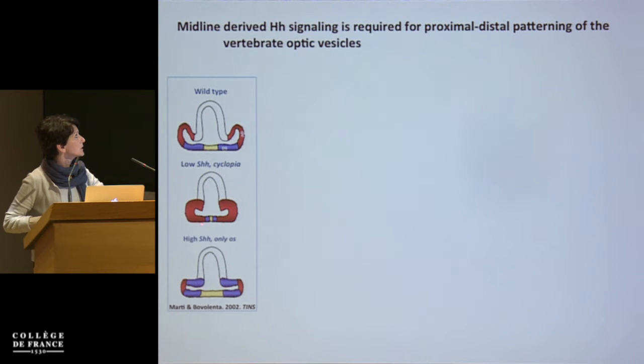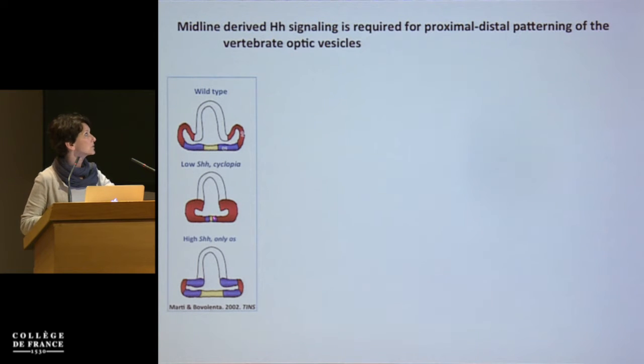In low hedgehog signaling, the two eyes tend to fuse because the optic stalk, the region that will give rise to the optic nerve, is not properly patterned, and the optic vesicle expands, tending to fuse and give a single eye.